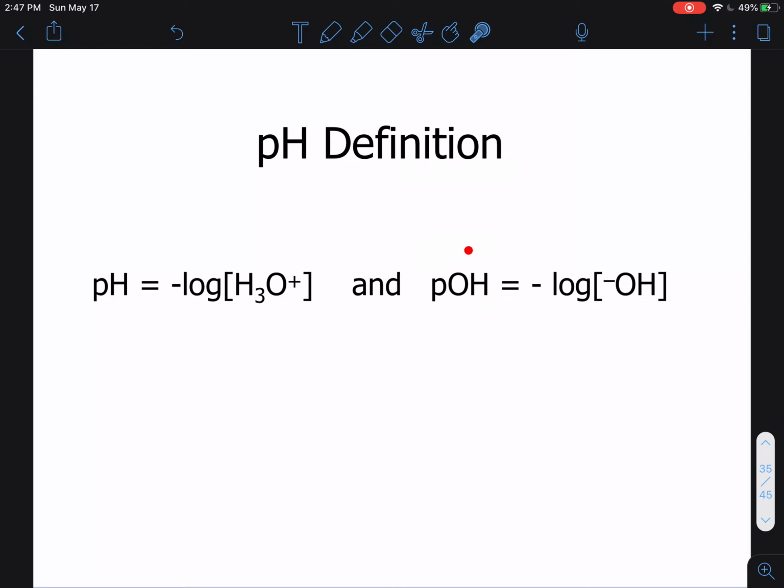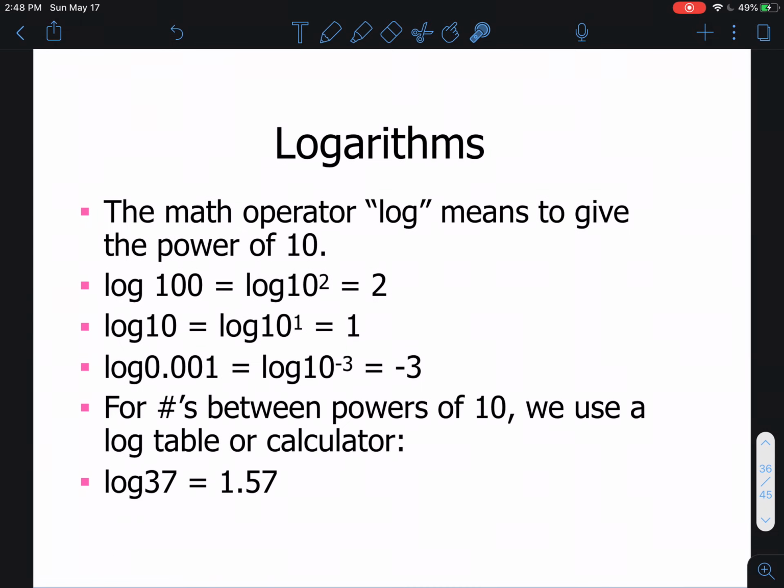That'll give you this thing called pOH. But for this class, we're going to look at pH specifically because that's more widely used. But pOH is a thing. It is related to the concentration of hydroxide anions, and you will dive a little bit deeper into pOH in Chem 200.